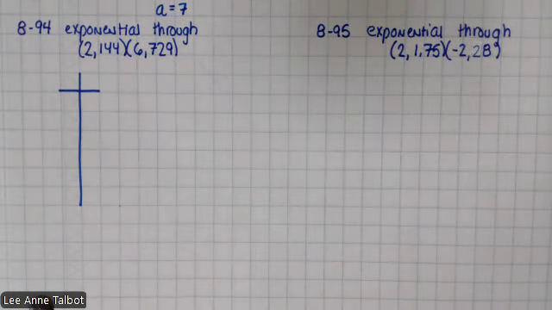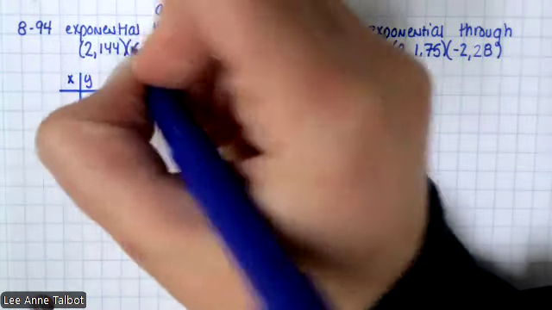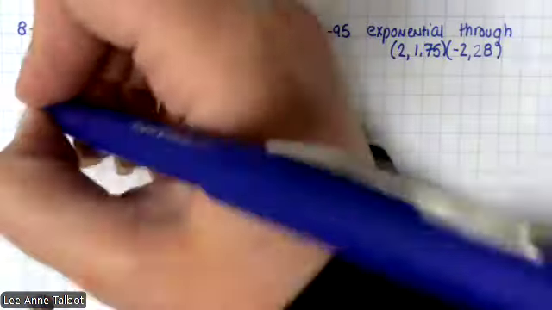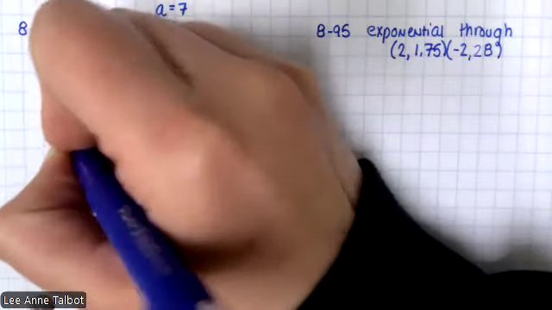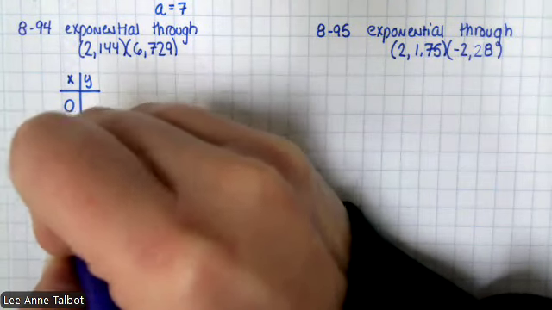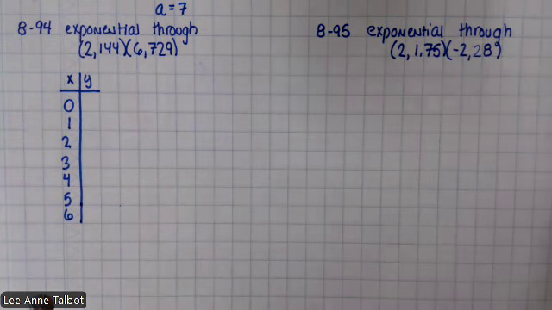Okay, now number 94, you're going to notice that the points go from 2 to 6, but you need to make sure you have a spot for 0 in your table. So start your table at 0. There always needs to be a spot for 0 in the table because you got to find a.